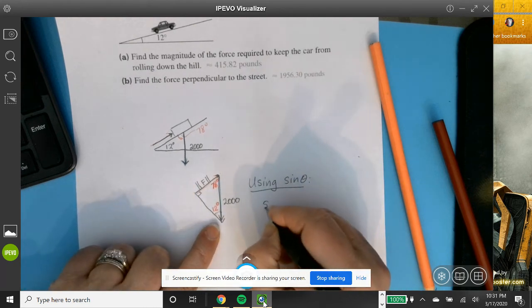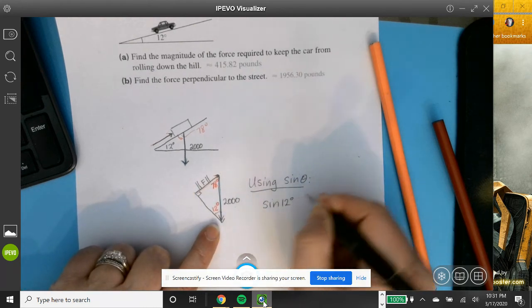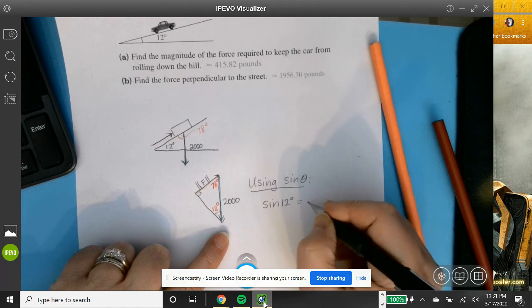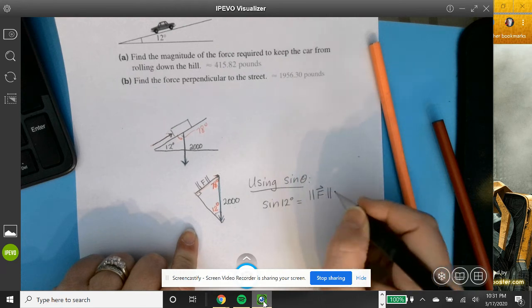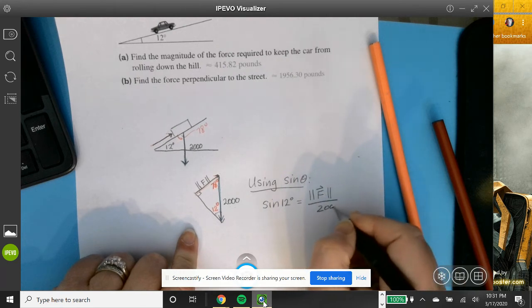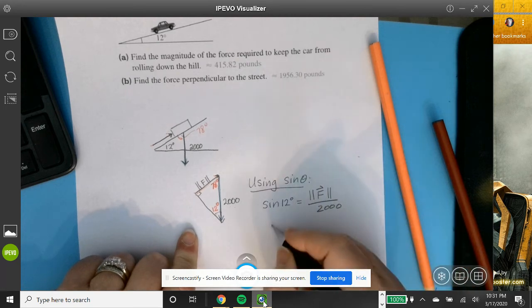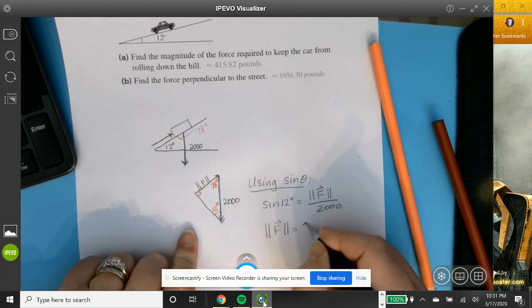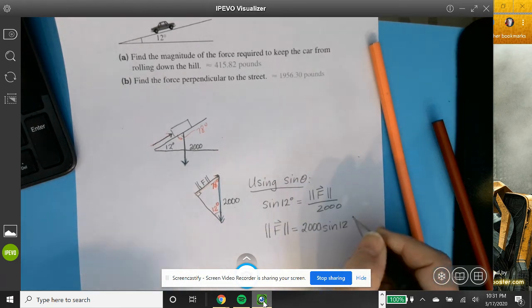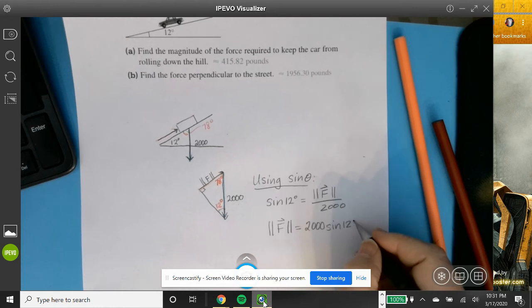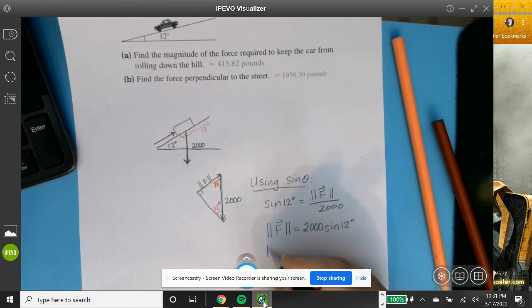So the sine of 12 degrees is equal to the opposite, which is the magnitude of the force that I'm after, over 2,000 pounds, because that's the hypotenuse. And so the magnitude of the force is equal to 2,000 times the sine of 12 degrees.